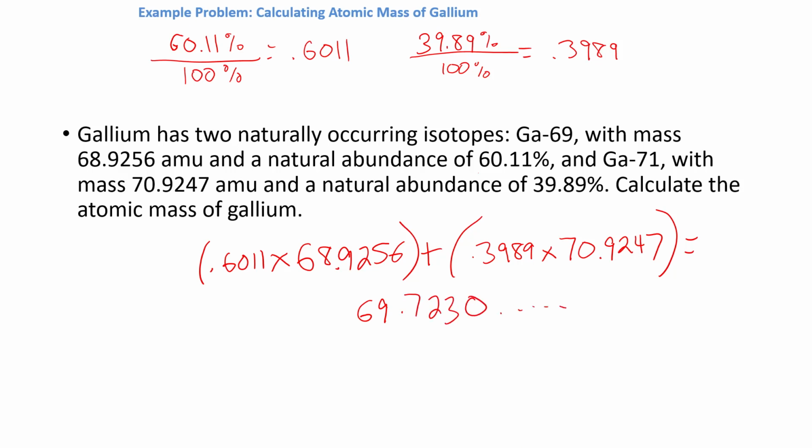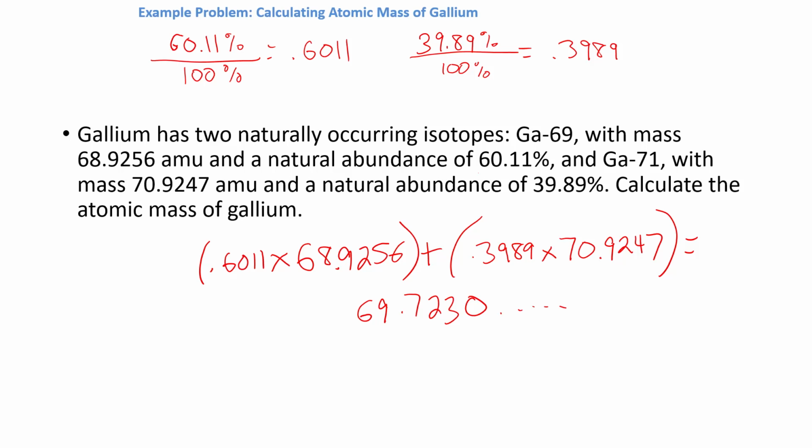Now we were given problems that have a minimum of 4 sig figs, and you can see the 4 sig figs in these, that's the least number of sig figs, because this one has 6 sig figs and this one also has 6 sig figs. So in order to round the answer to the appropriate number of sig figs, it would actually be 4 sig figs.